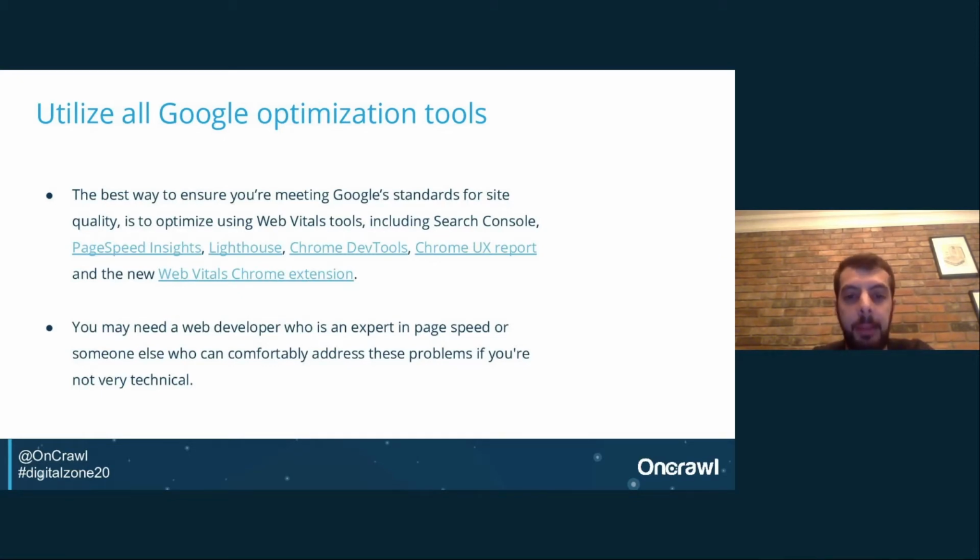I have a link somewhere in the presentation to that report. We have PageSpeed Insights. We have Lighthouse, the Chrome Dev Tools, the Chrome UX Report, and there is also a new Web Vitals Chrome extension. There is also the PageSpeed API.